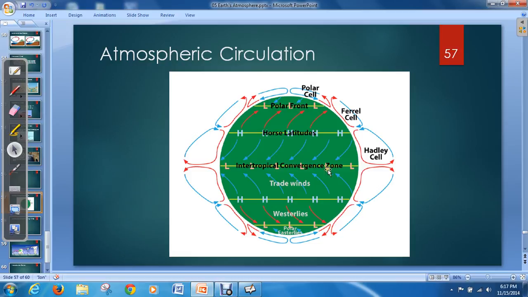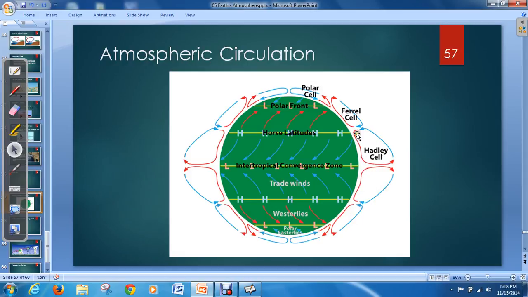But I just want you to get this general idea. Near the equator we get west winds, and up here and down here we get these eastern winds. We can also look at it from a circulation idea, right? So near the equator you get very hot air from the direct sunlight. So that hot air rises, and then it's going to cool down and cause these convection cells.